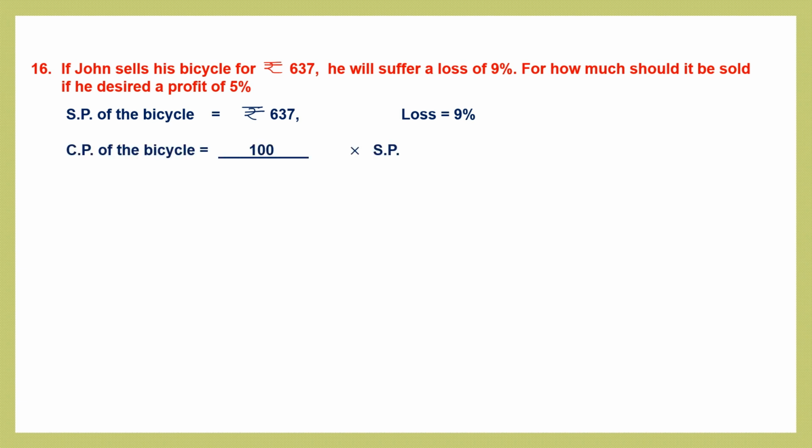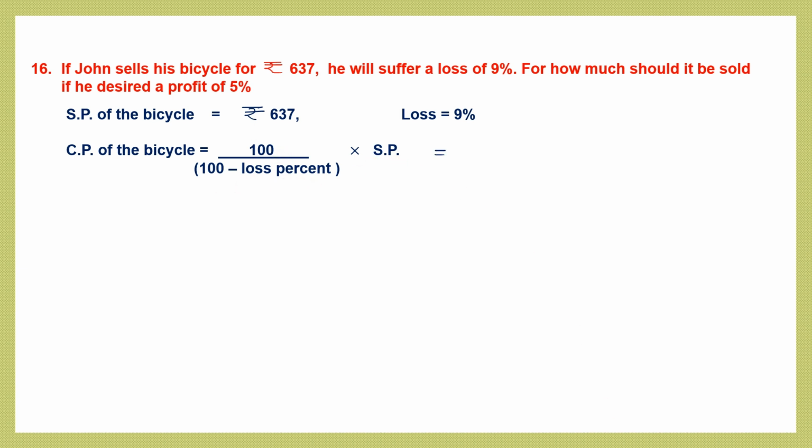Now we have to find the cost price of the bicycle by using this formula. Now why do we want to find the cost price? Because the profit is given to us, and if we have to find the selling price, we need to know the cost price. So we can use this formula: 100 by 100 minus loss percent into selling price.